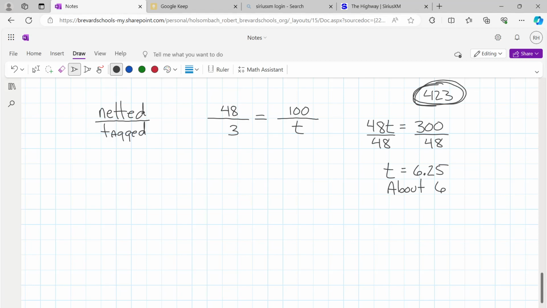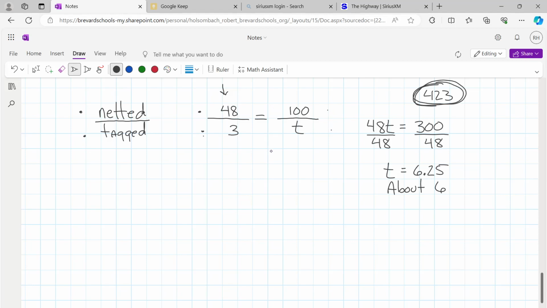So is everybody okay with setting up a proportion? I'm pretty confident you guys can solve the proportion. But again, our initial ratio was netted over tagged. If we do netted over tagged, we have to do netted over tagged.